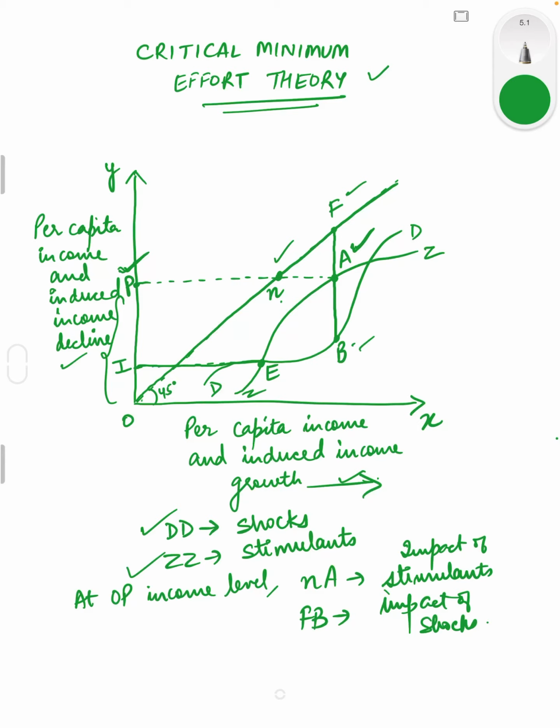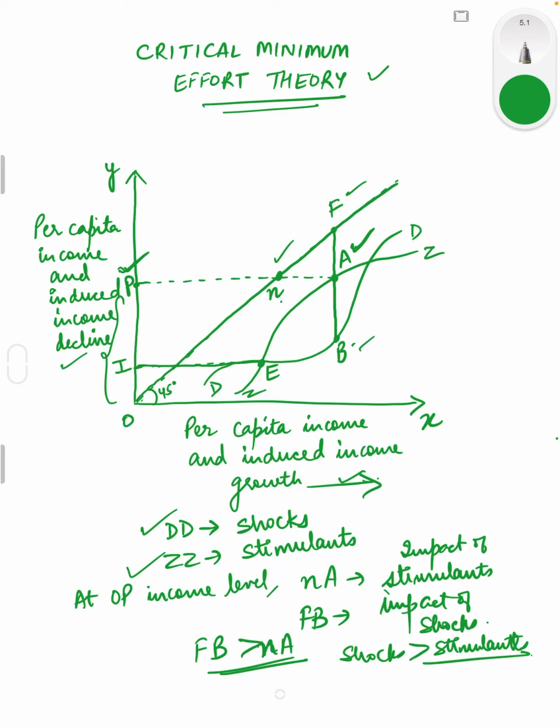Now as you can see, your FB is greater than NA, right? Since your FB is greater than NA, your impact of shocks is greater than the impact of stimulants. So therefore this particular investment will have no effect. That means this was not the critical minimum effort.